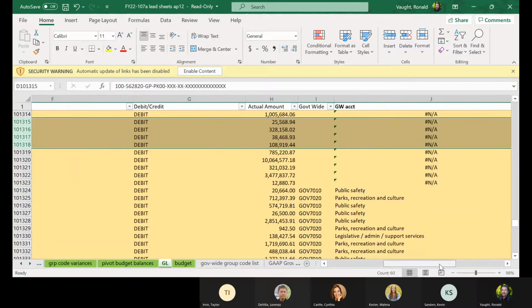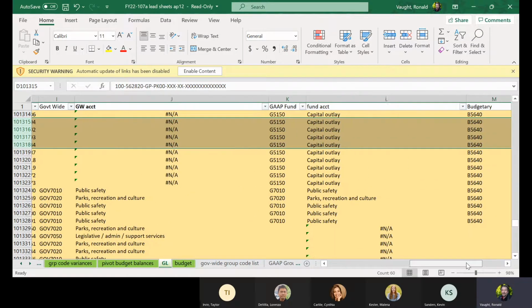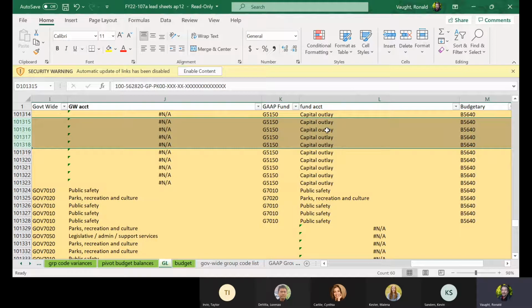So that's how I went about figuring out why the general fund wasn't in balance between budget and GAAP.